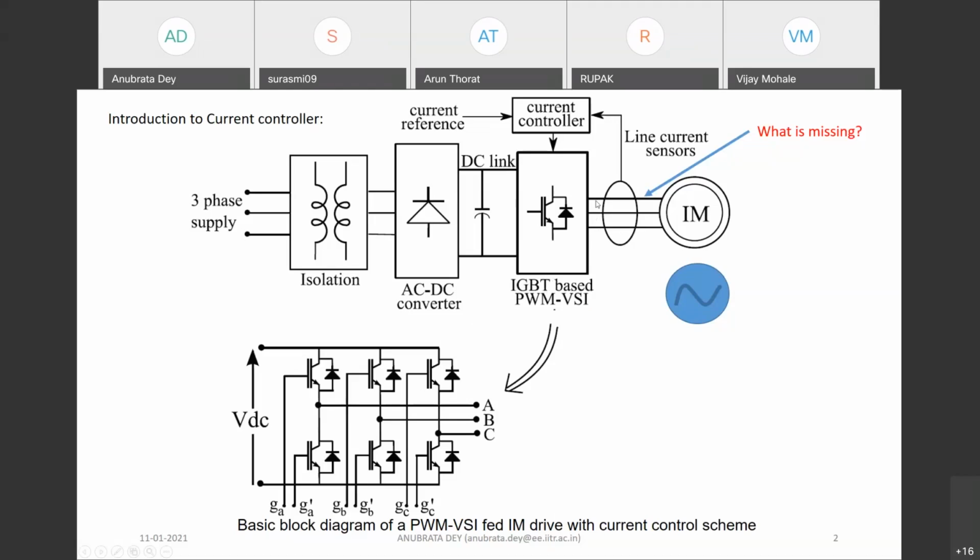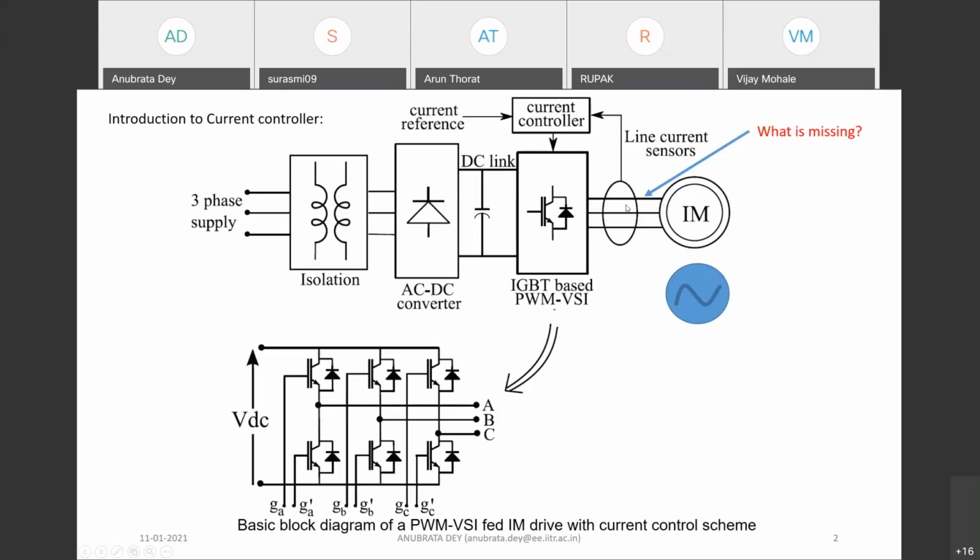What is missing here between the inverter and the terminal of the induction motor? For induction motors it is not mandatory, but for a grid application it is mandatory to put something between the output of the inverter and the grid terminal. That is actually the inductor.